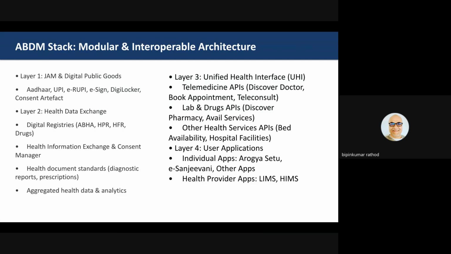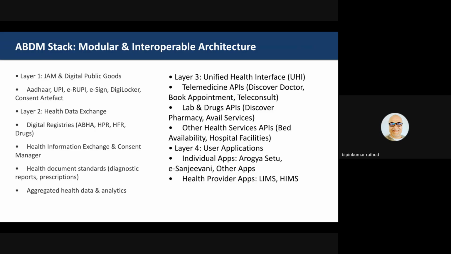So let's take UPI. You can pay any pharmacy or any doctor with UPI. Then second is DigiLocker, with the consent artifacts embedded into your DigiLocker. The second layer is the health data exchange. As I mentioned earlier, your Aadhaar ID is connected to HPR and HFR.